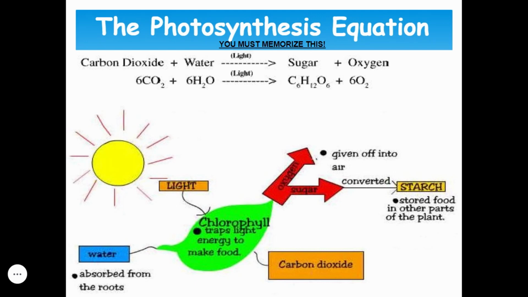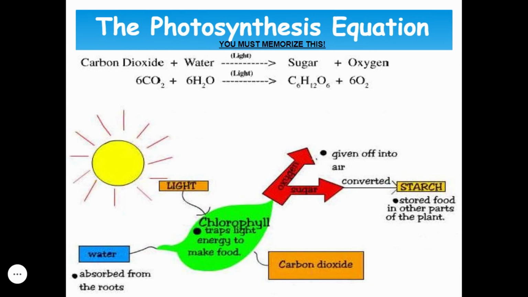So carbon dioxide plus water, and then you see this arrow. This arrow says yields. Yields is kind of like the equal sign of science. Okay, so instead of saying carbon dioxide and water equals sugar and oxygen, I'm going to say carbon dioxide and water yields sugar and oxygen.